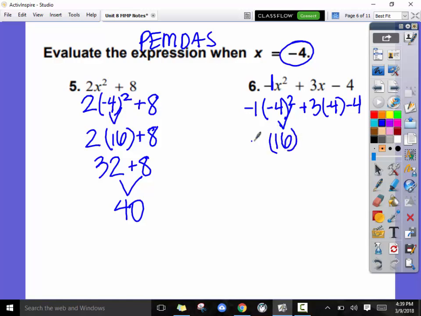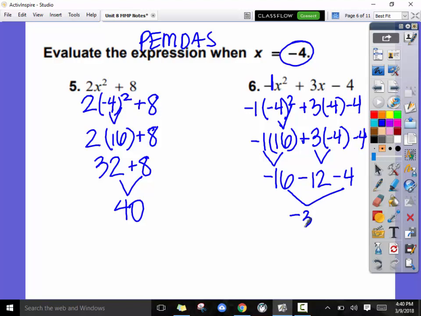Bring down the multiply by -1, add 3 times negative 4 minus 4. Now multiplication: negative 1 times 16 is negative 16. 3 times negative 4 is negative 12. So I could write plus negative 12 or just minus 12, and minus 4. Negative 16 minus 12 is negative 28. Minus 4 is negative 32.